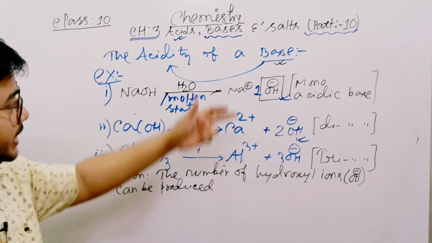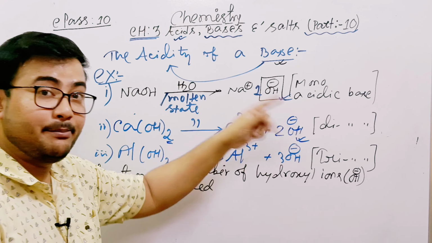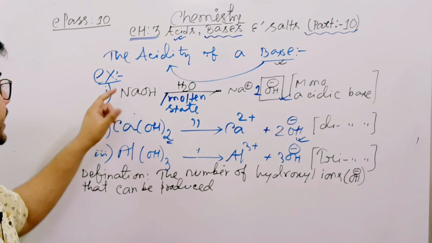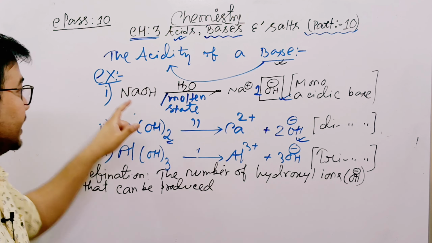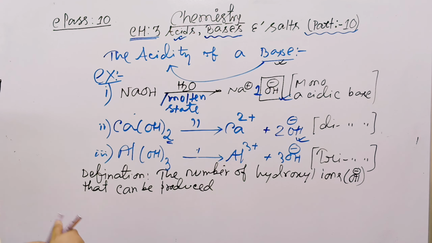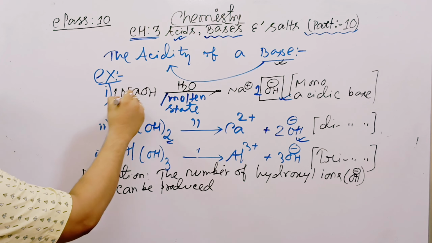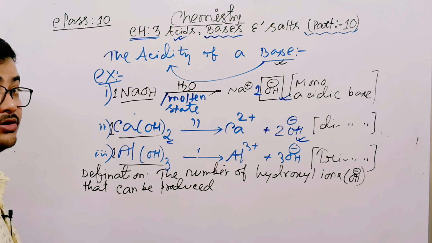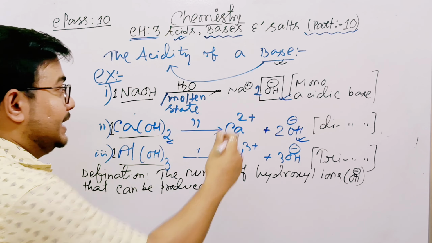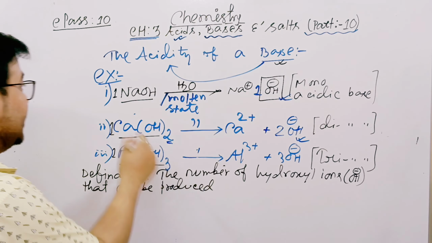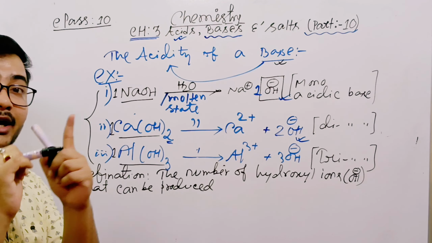Look at the board. Here the numbers are 1, 2, 3, but what is the number of the compound? How many compounds are present here? 1. Always look at the first: 1 sodium hydroxide, 1 calcium hydroxide, 1 aluminum hydroxide. Keep in mind that the number of hydroxyl groups produced is considered only when you take one molecule.